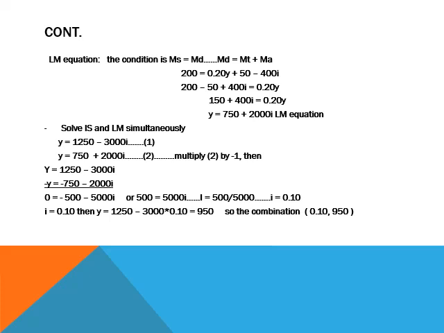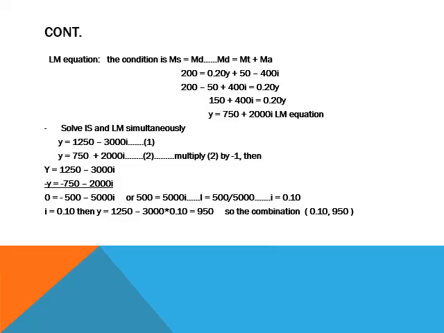Money demand equals MT, money transaction, plus MA, money speculation. 200 MS equals 0.20y MT plus 50 minus 400i MA.